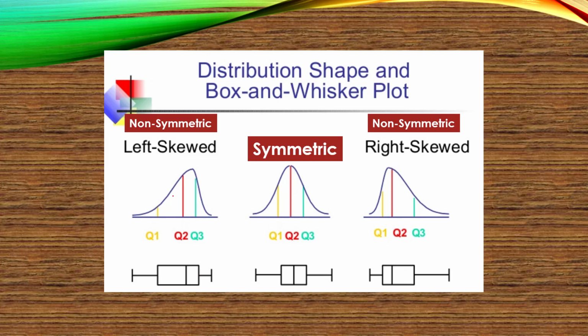Notice with skewed left, the bulk of our data is on the right side, and our box tends to lean itself more to the right side. Now, since this is showing us medians, we know that 50% of our data is going from here to here. That's a lot of data in a highly consolidated area.